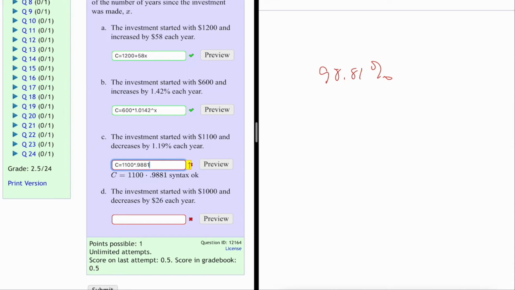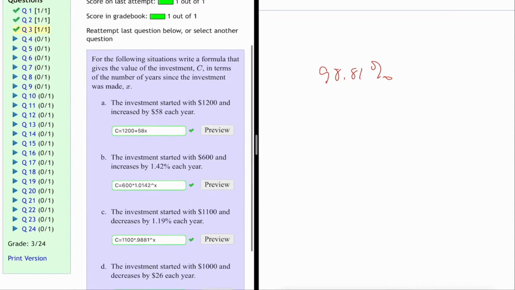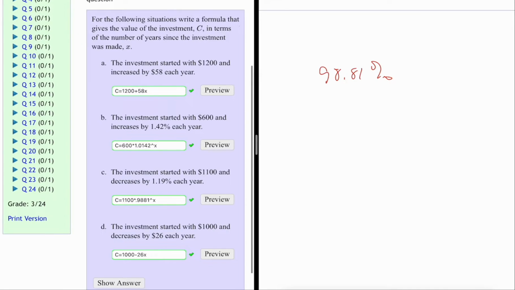Move that decimal 2 places, to a power of X. And then the investment starts at 1,100, decreases by that set amount per year. It's like A, except in this case, it would be subtracted per year. So that's why we have that minus. So we should have everything right there, I think. Yep. So that is how we would do question number 3.